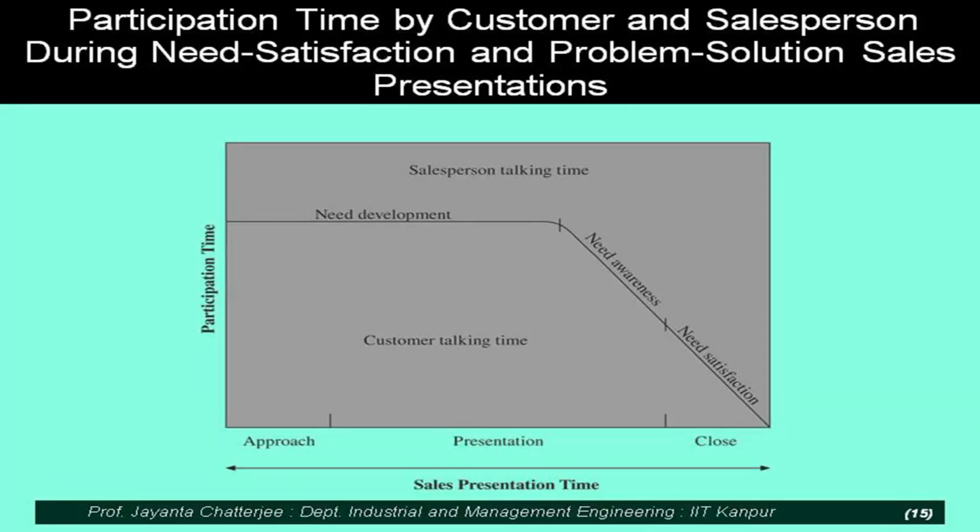The salesperson should talk only to stimulate the discussion, to take it forward. But once, as you see on the right hand side, once the need awareness has crystallized, then the salesperson's presentation should expand and show how the need can be satisfied by the FAB offered by the sales proposal.